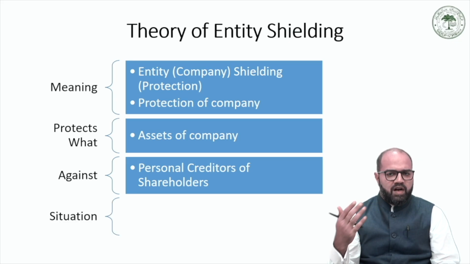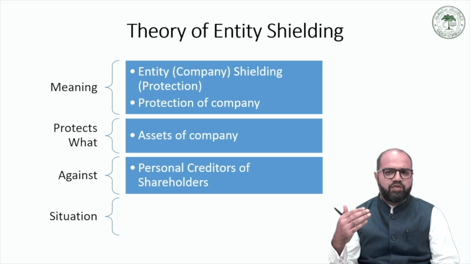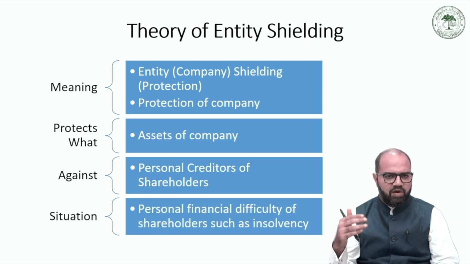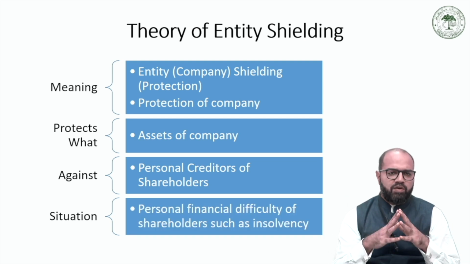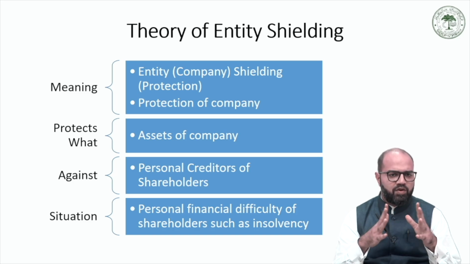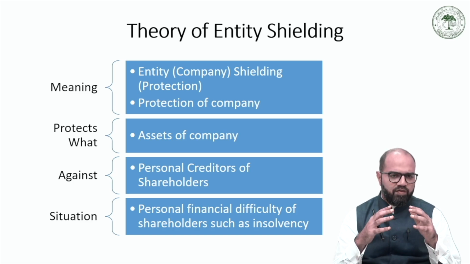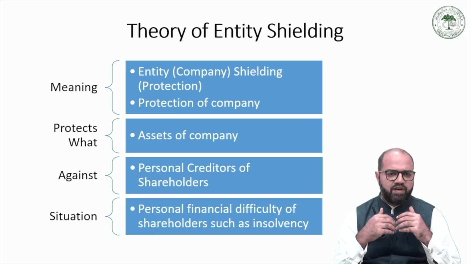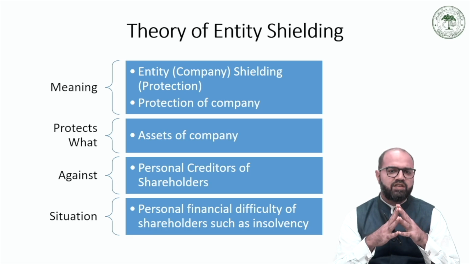So the creditors of a company have priority claims over the company's assets compared to its shareholders. So in what kinds of situations does the theory of entity shielding come into action? In cases of personal financial difficulty of shareholders, such as their personal insolvency.